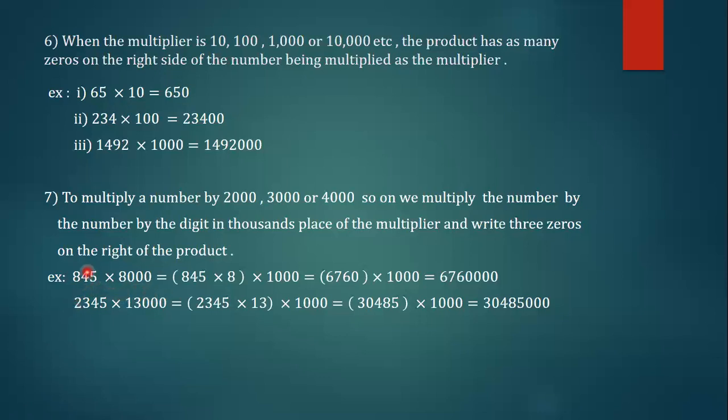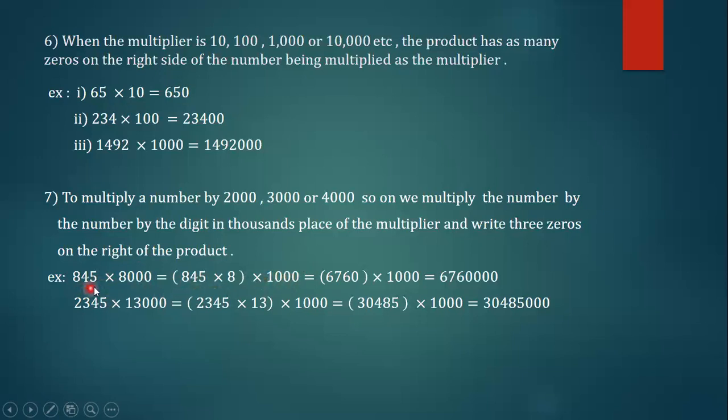Instead of multiplying zeros, zeros, zeros, the simple way is to just multiply 845 into 8. This 8000 I will write as 8 into 1000, making the product in terms of tens, hundreds, thousands.